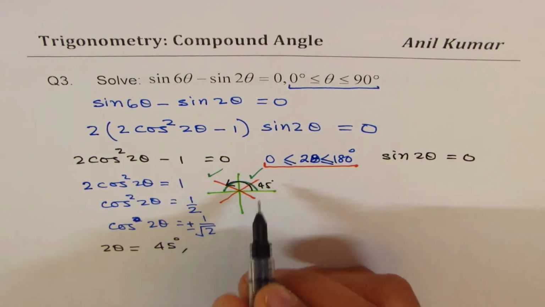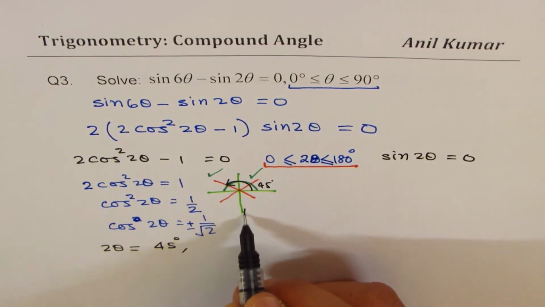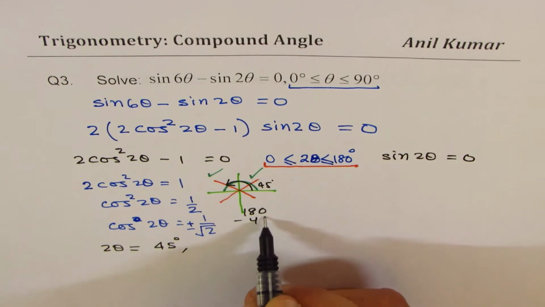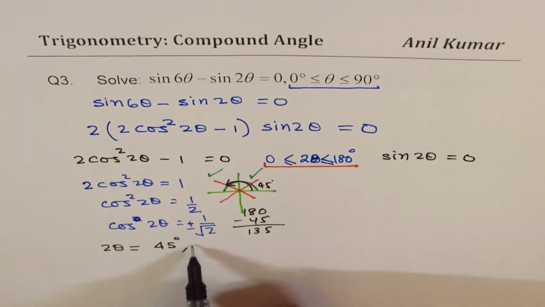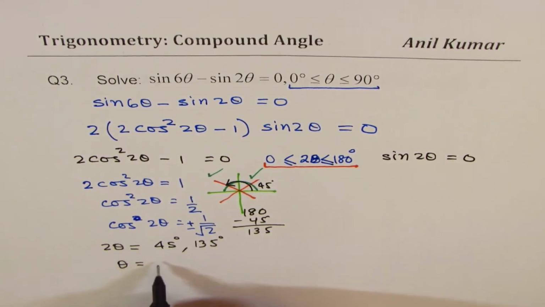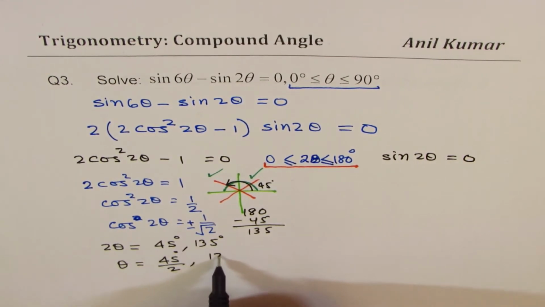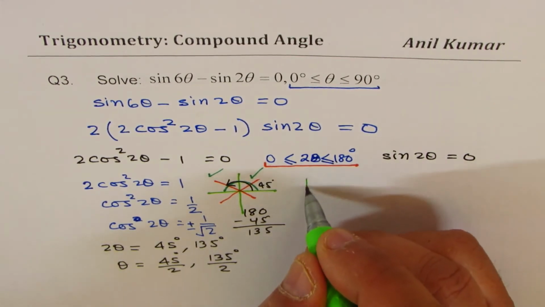So those are the 2 solutions. 180 minus 45 is 135 degrees. Is that clear? So that is the value of 2 theta. So what is theta equal to? Half of these. So half of 45 degrees and half of 135 degrees. So these are the values for theta, correct? Now let's solve for sine 2 theta equals 0.